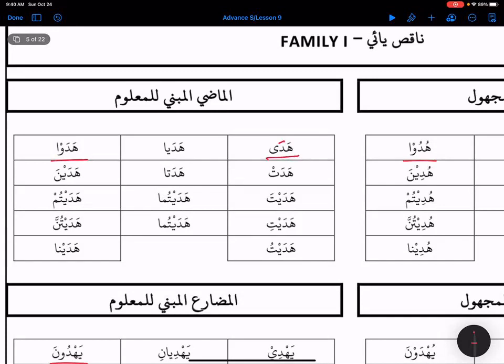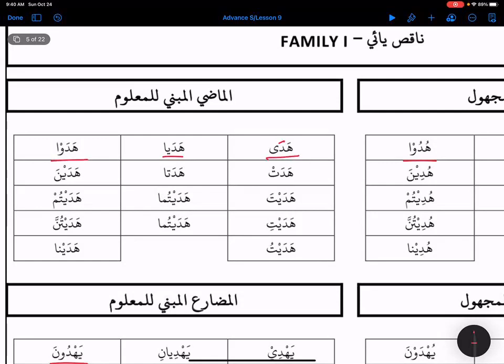How are we pronouncing that? Hadaya. And then hadaw. So why is it hadaw, not hadu? Because whenever there is a fatha on the letter before the ya, then it becomes waw in the plural.